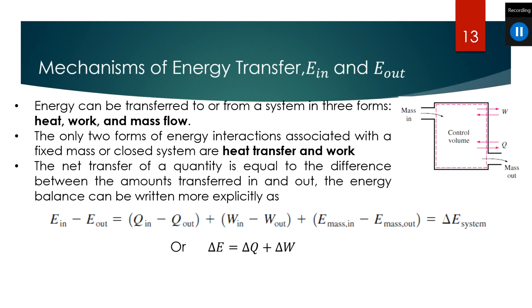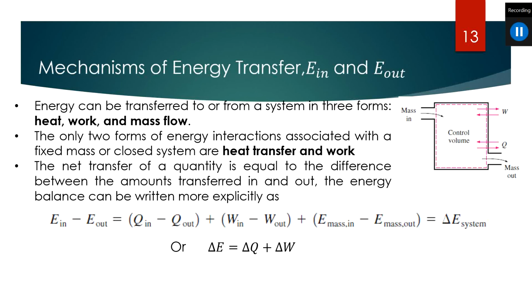Also there are work interactions, work entering and leaving the system, or heat entering and leaving the system. Work is done on the system and work is done by the system. The only two forms of energy interaction associated with a fixed mass or closed system are heat transfer and work. For a fixed mass system, mass is not entering or leaving the system, so it is a closed system.